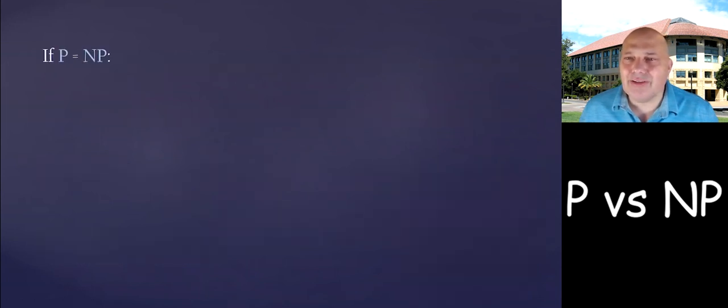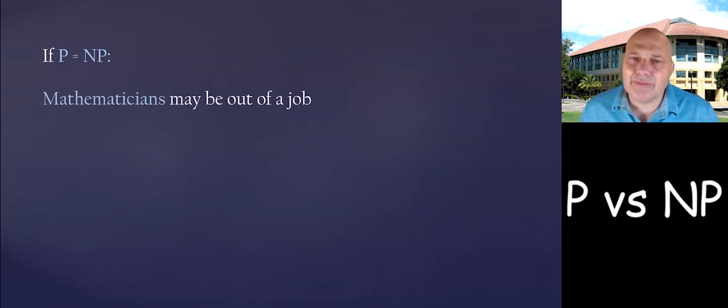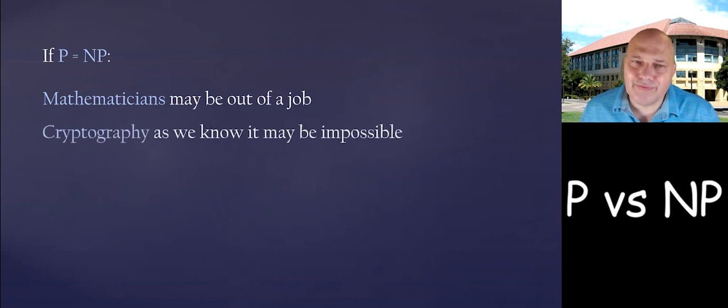And why do we care so much? We care because this possibility that P equals NP is quite amazing. It means that mathematicians may be out of a job, because mathematicians are looking for simple proofs, and if once a simple proof exists we can just find it automatically, then why do you need a mathematician?